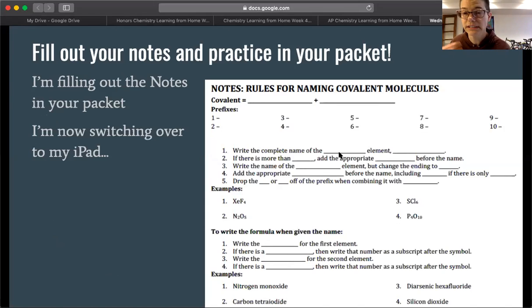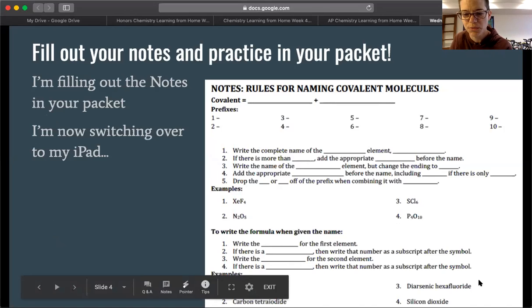So if you have it, get it out, have it in front of you. If you don't, then you can just jot some notes down and rewatch this video later, and write this stuff down on your own. But I'm gonna switch over to my iPad so that I can not do the annotate feature and actually write with my actual hand, because that's easier.